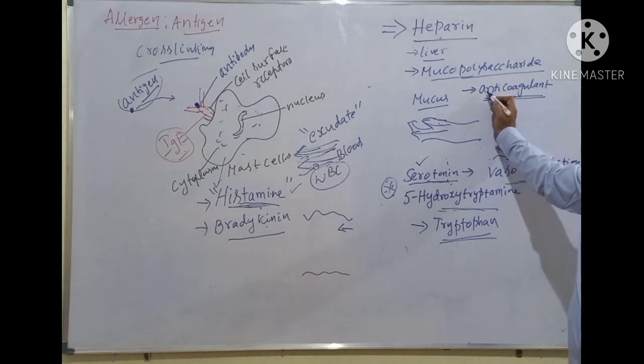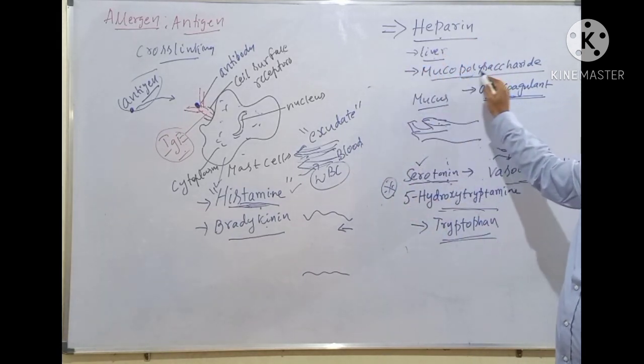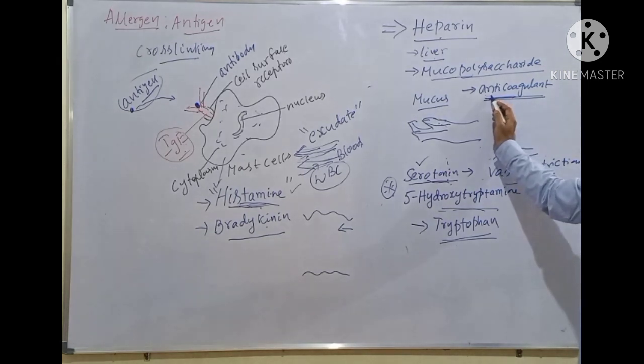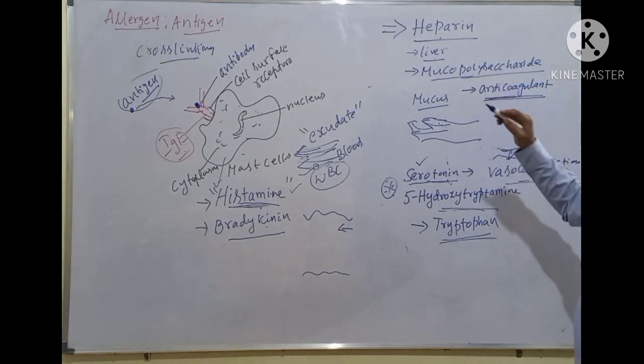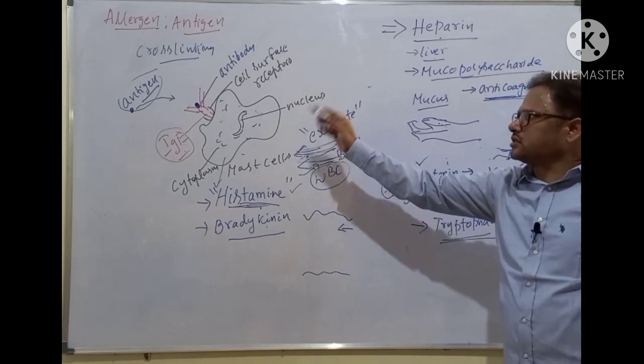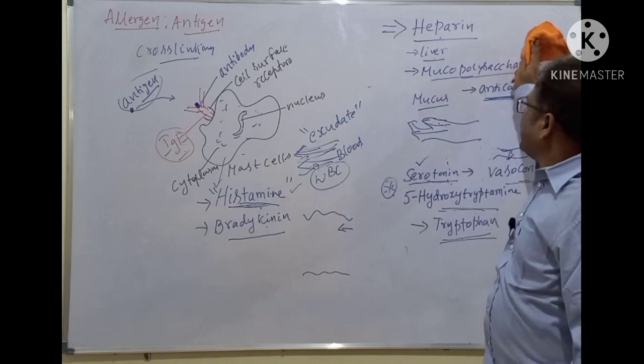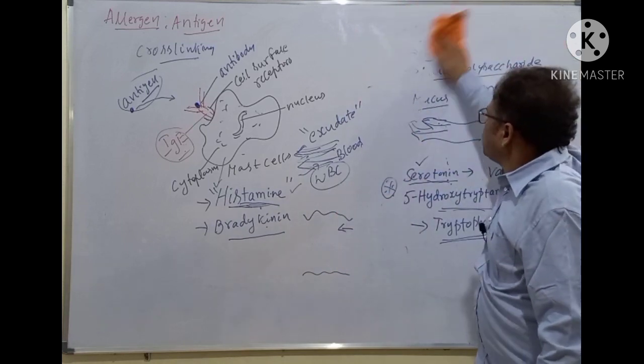That's why it's called the intravascular anticoagulant. So heparin is also released by the liver along with the mast cells. It is a mucopolysaccharide. It is an intravascular anticoagulant. This is about heparin. Clear, students? So this is about the mast cells. And the next type of cells are the adipocytes. We'll be discussing the adipocytes now.